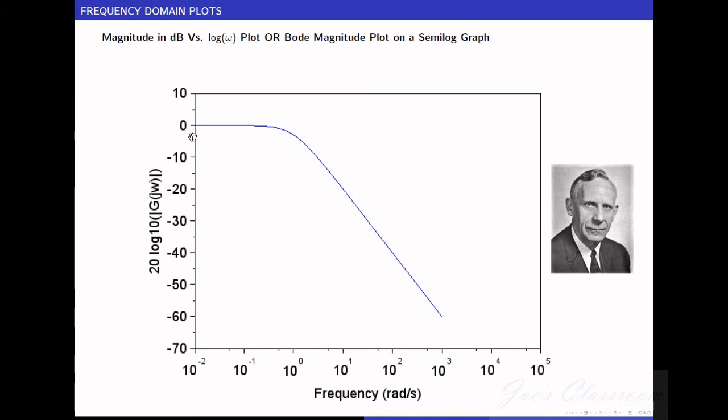And if the gain is more than 1, when it is converted to decibels, the decibel value will be positive, and a decibel value of plus 20 signifies that the gain is 10, and a decibel value of plus 40 signifies that the gain is going to be 100 or 10 square.